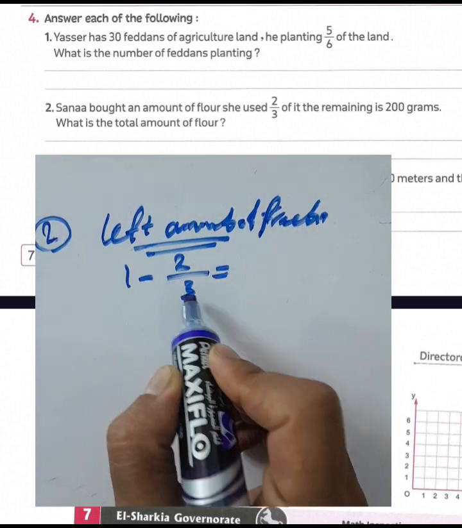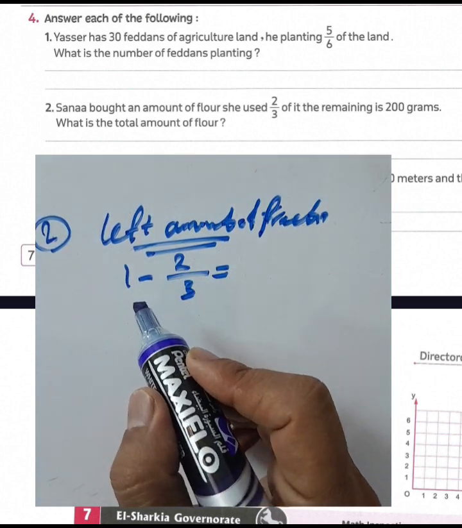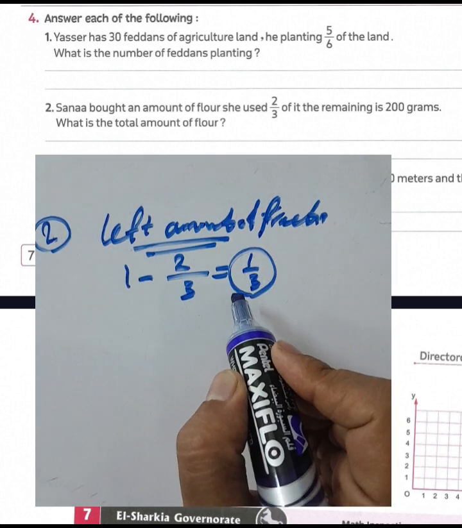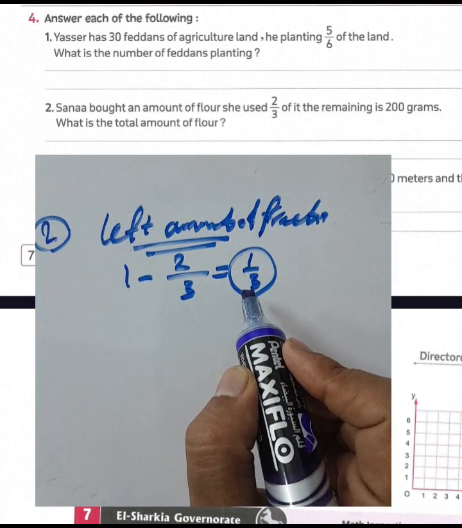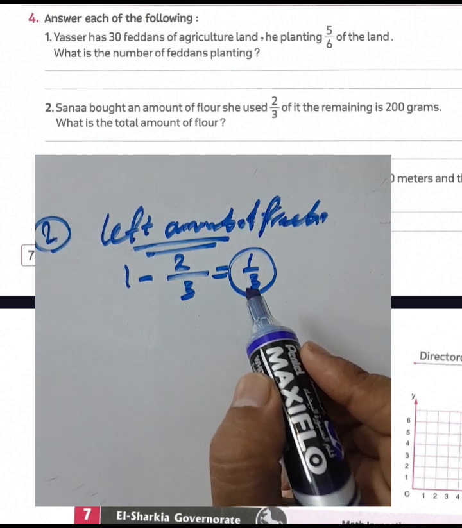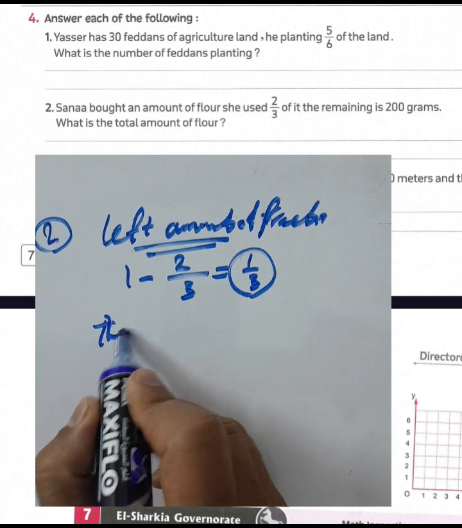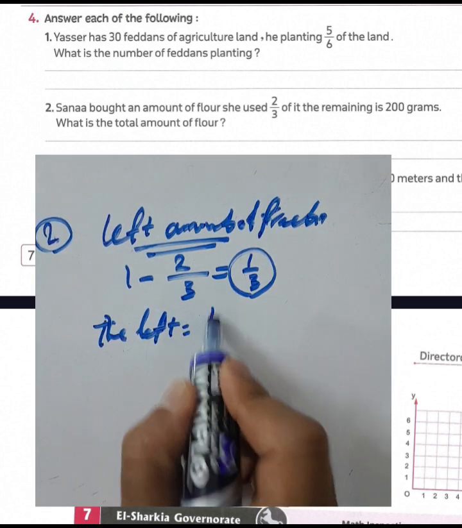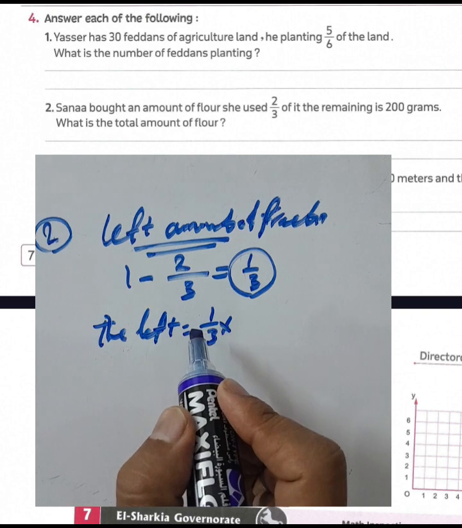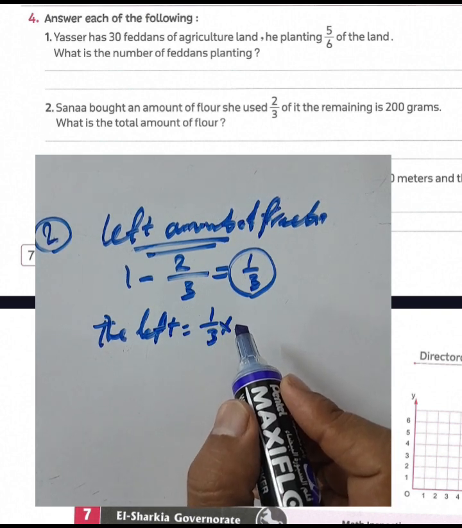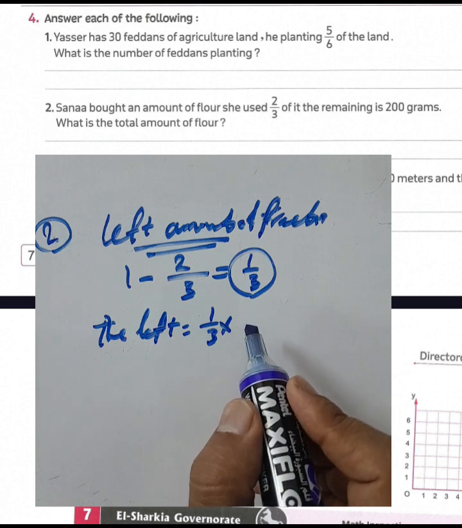She used 2/3 from the whole number 1. 2/3 from 1, it will be a third left. Then she used 2/3, and the amount left with her is a third of the whole amount. The total here was what?